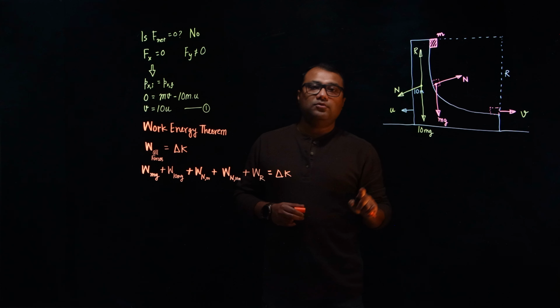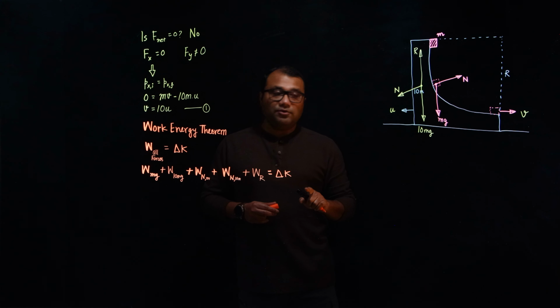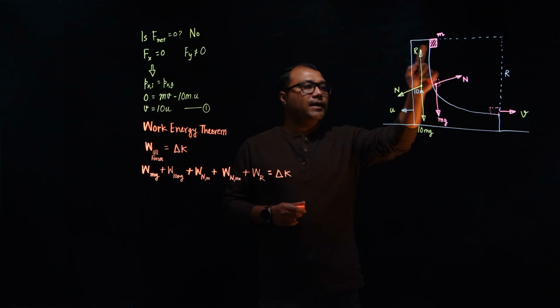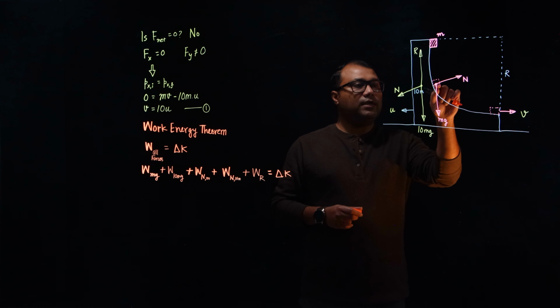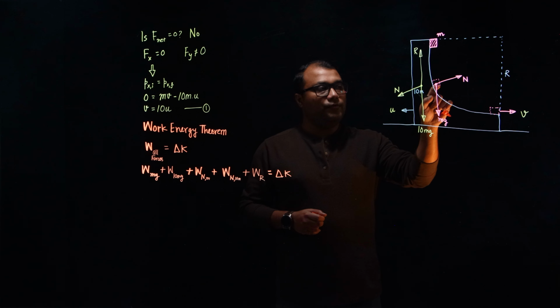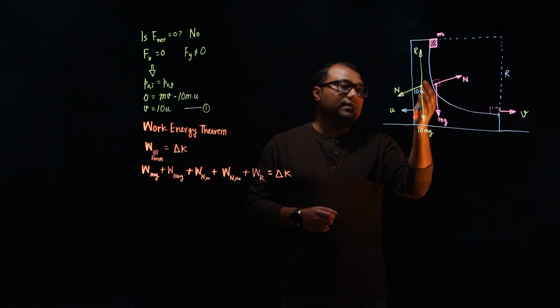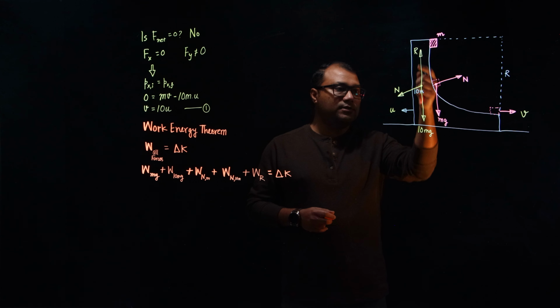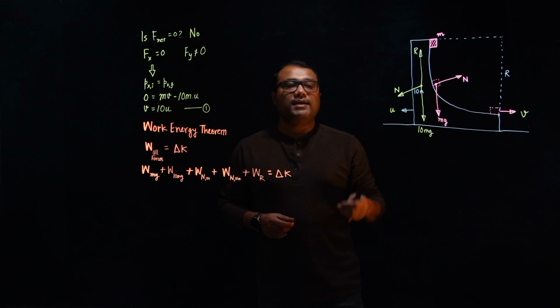So we do not need to look at pseudo forces here, work done by pseudo forces, because we are looking at the entire system. We are not looking at just m. If we were just looking at m, then it might be a non-inertial frame of reference because the 10m itself is accelerating.